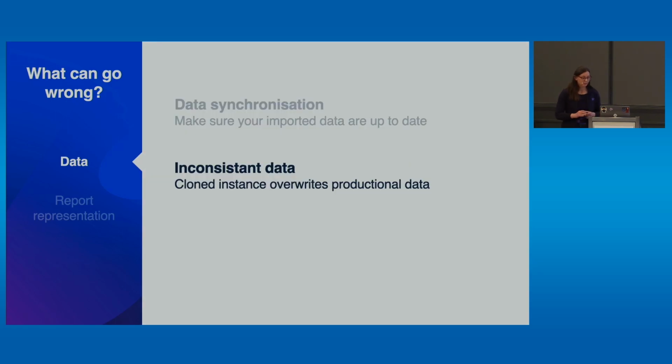Another case is that there could be some inconsistencies in data. Sometimes it happens when another instance is writing into your production instance. It could be the case when Jira is cloned, and eazyBI is also included in the clone process, and eazyBI in the cloned or test instance is still running on production data.